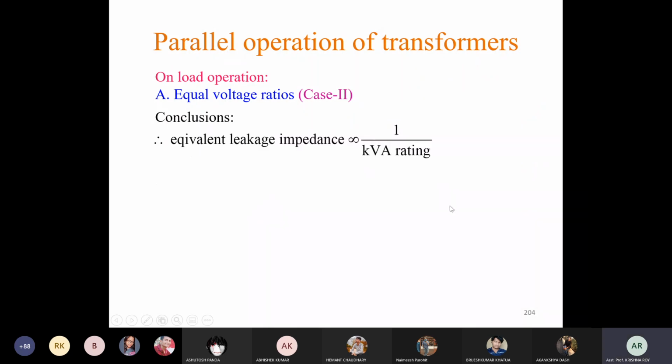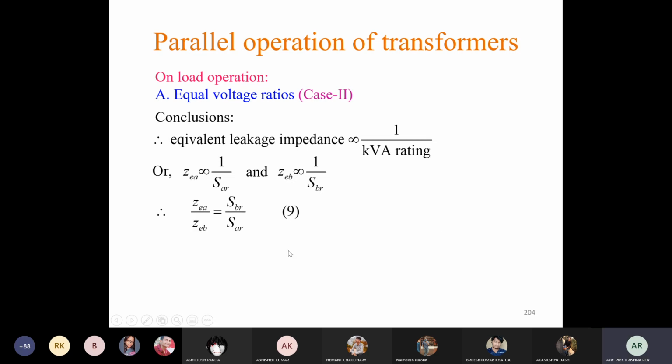So equivalent leakage impedance is inversely proportional to the kVA rating of that transformer, or ZEA is proportional to 1 by SAR, where SAR is the rating, and ZEB is proportional to 1 by SBR.